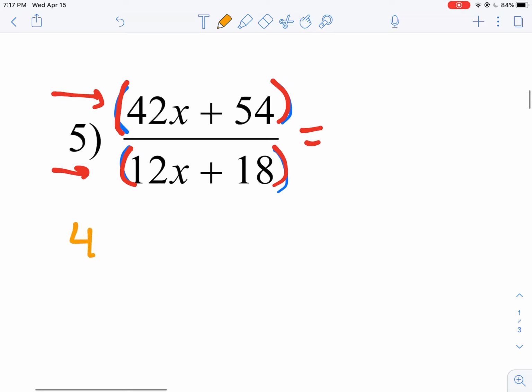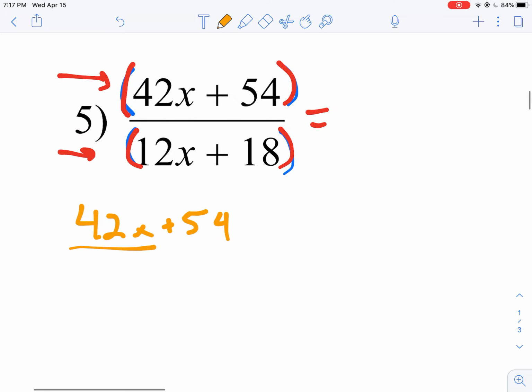We have 42x plus 54. What could I divide out of both of those? I can divide, I think, 7. Is it 7? 6 times 7 is 42. 7, I don't know. 7 and 8, no. 6? 6.